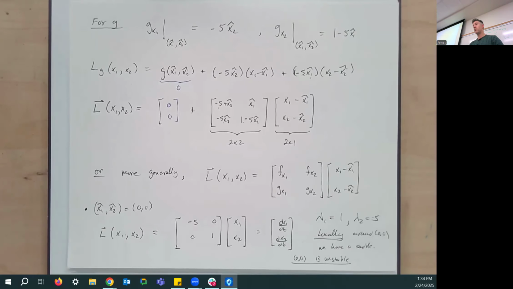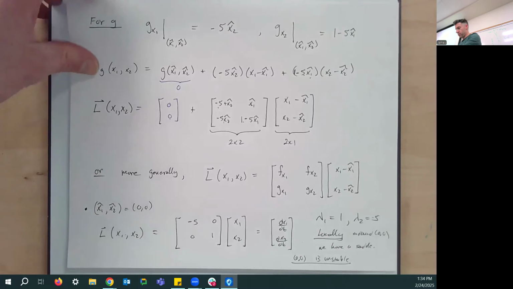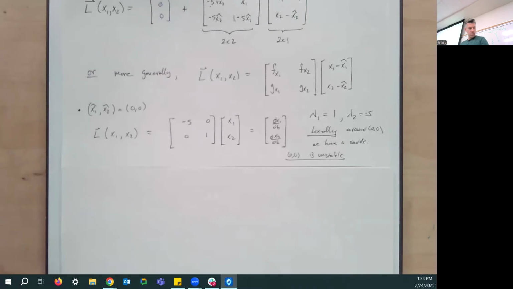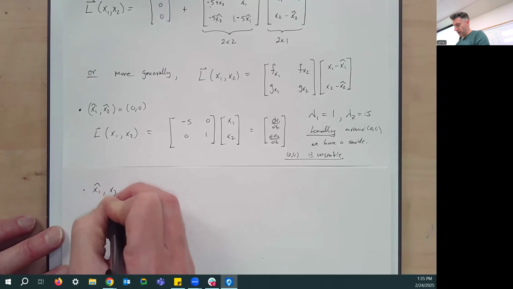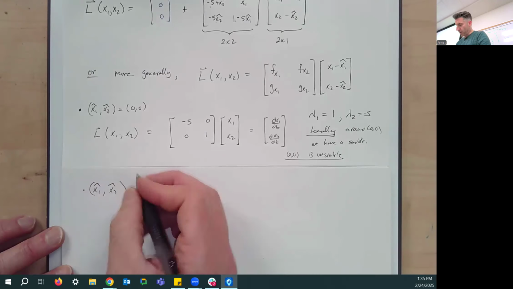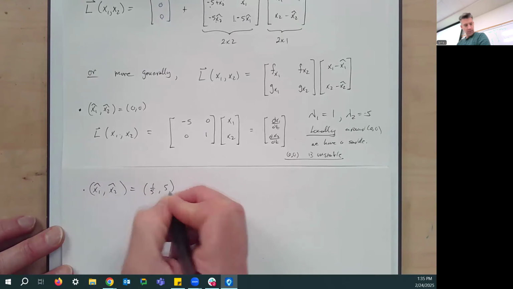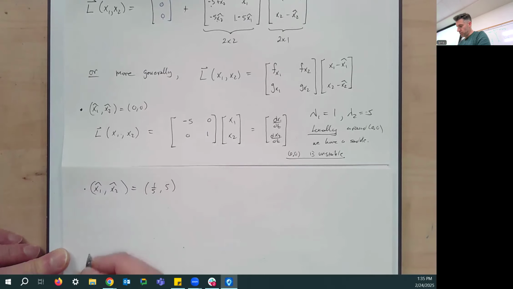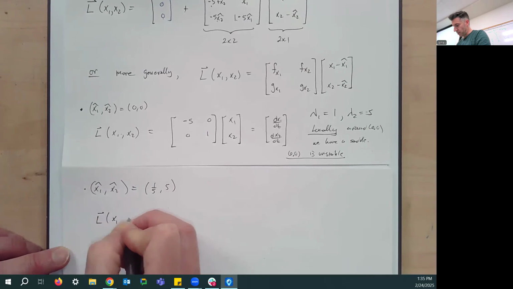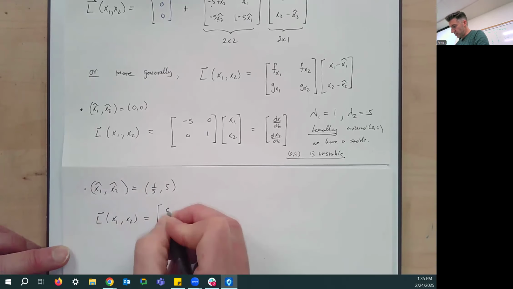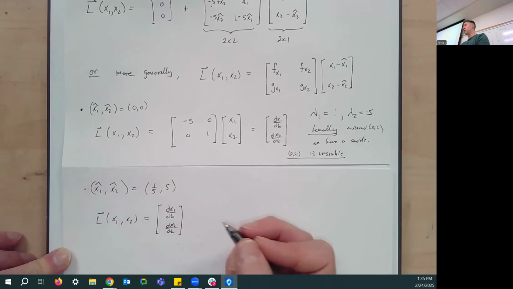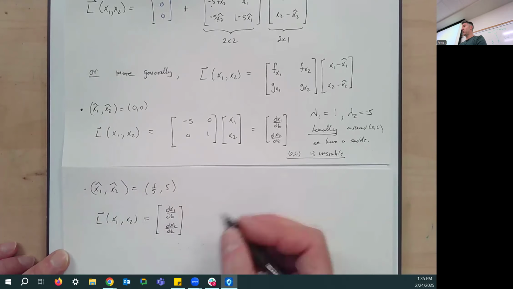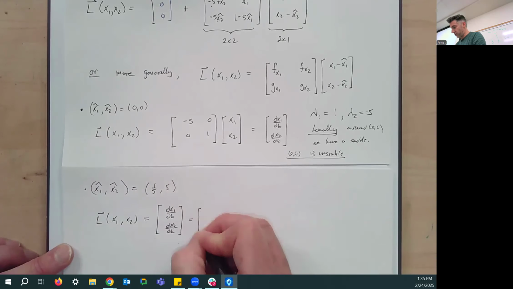On the other hand, let's look at the other equilibrium we have. I'll try and write it a little more nicely here. So for x1 hat, x2 hat equal to 1/5 comma 5, our linearization L of x1, x2, which again is just dx1/dt, dx2/dt, also known as FG. I'm writing way more than I need to here just so we can see all the things we are calling this.